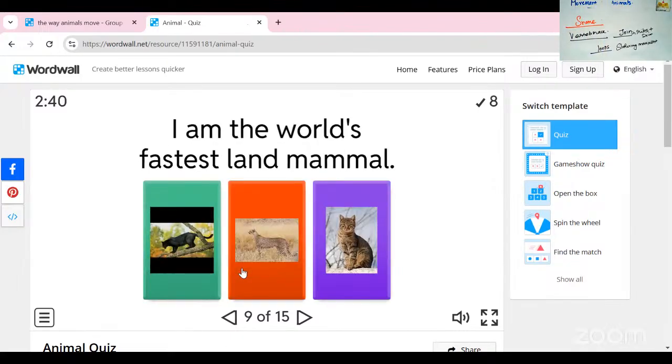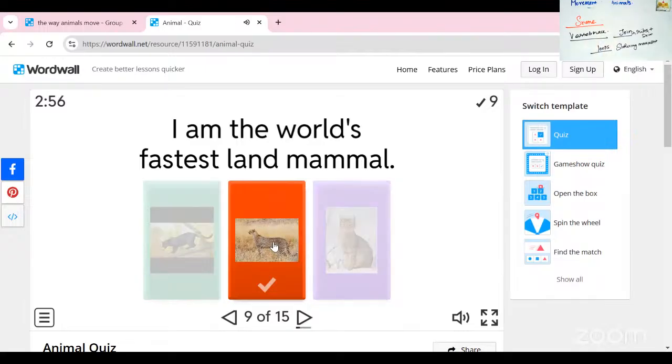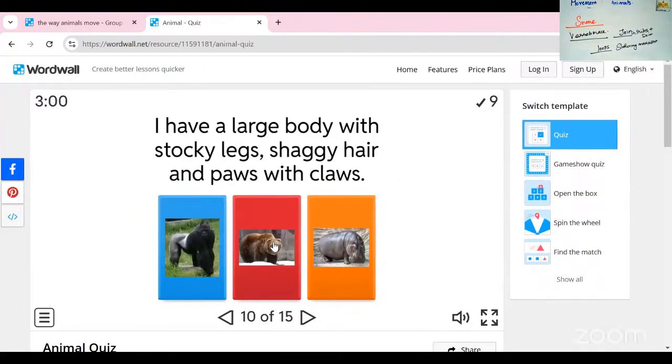Students, can anyone participate to answer the questions? I am the world's fastest land animal. Who is the fastest animal? Yes, cheetah. The cheetah is the fastest land mammal. I have a large body with stocky legs, shaggy hair, and paws with claws. Who is that?